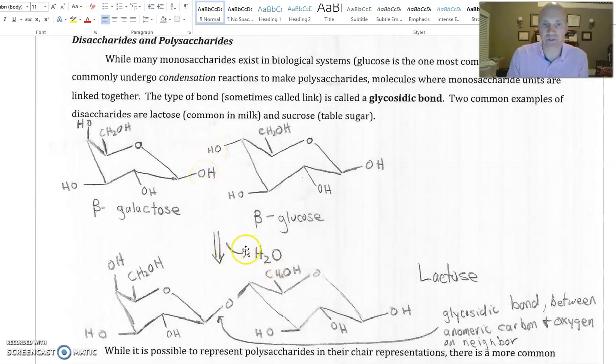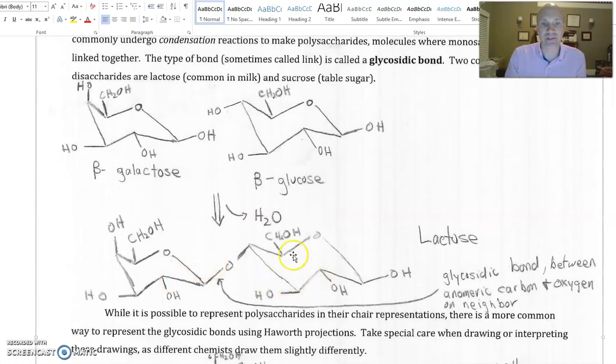That's why we call it condensation. We've lost a water molecule. So when these guys are joined together, this is now considered a disaccharide. This particular disaccharide right here is lactose, which you might have heard of. You commonly think of milk when you think of lactose. It's the sugar that's in milk.